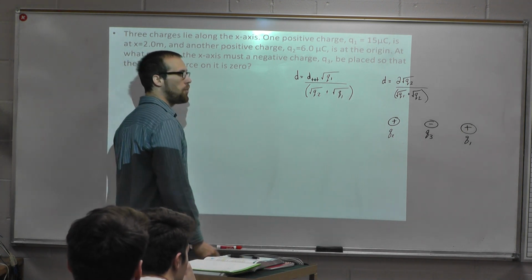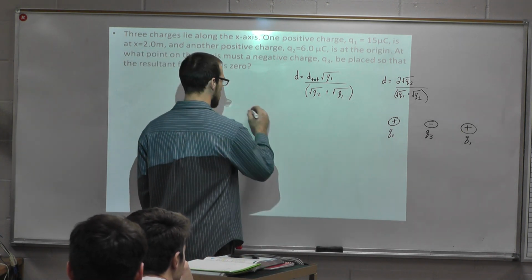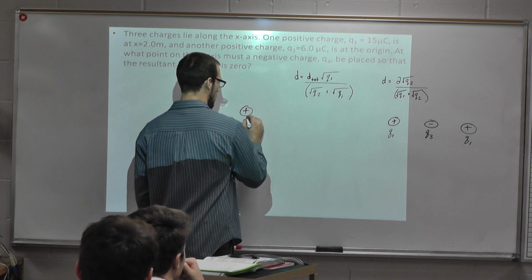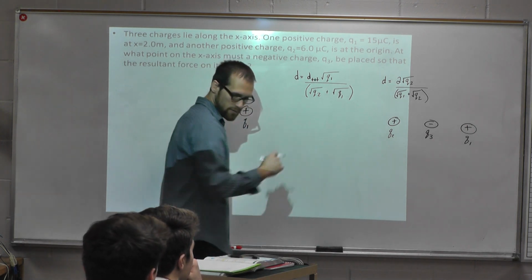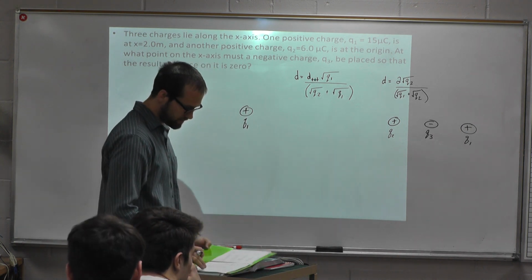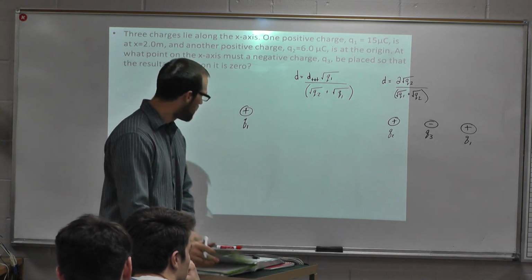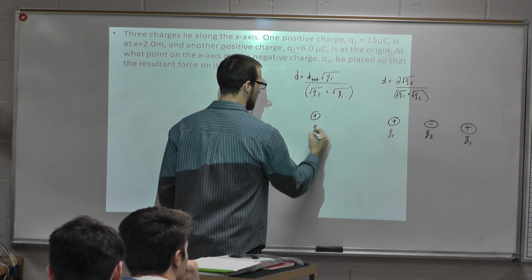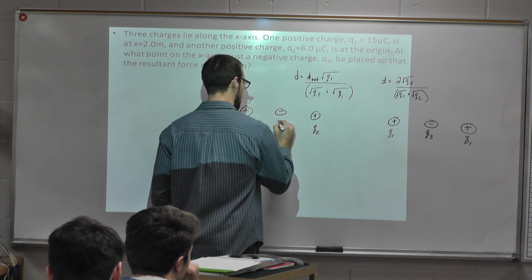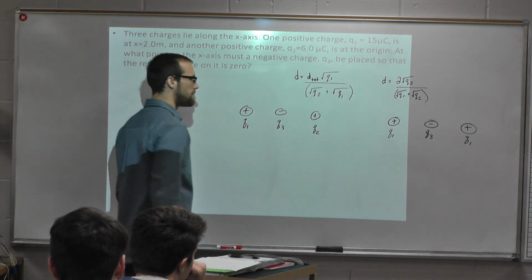In most of your problems, there'll be 5 points. This will be Q1. Let me make sure, just to double check. This will be Q2. And this will be Q3.